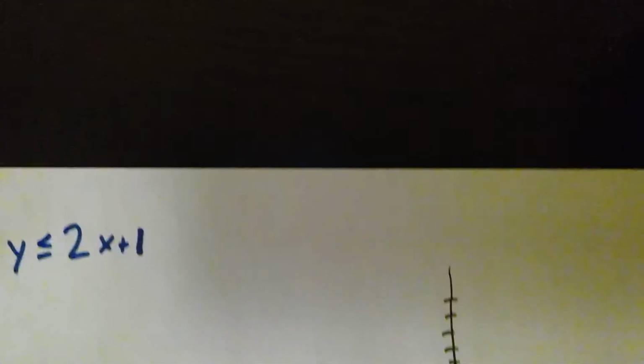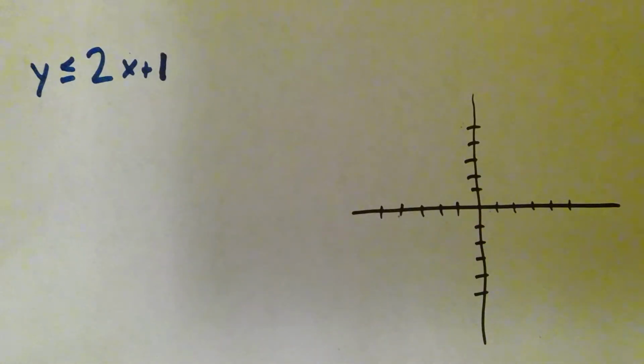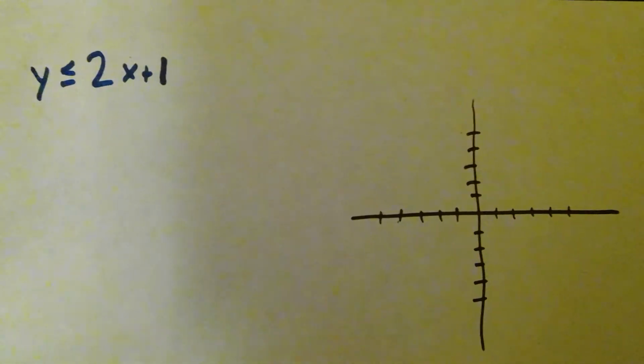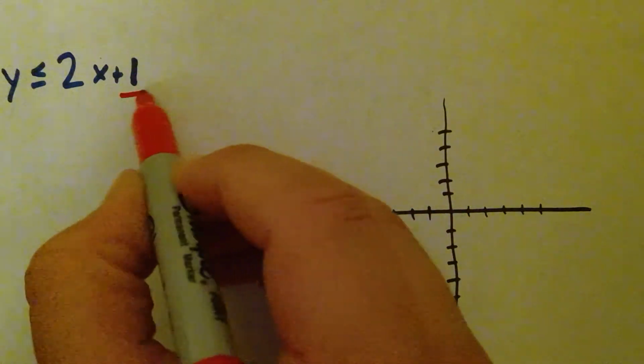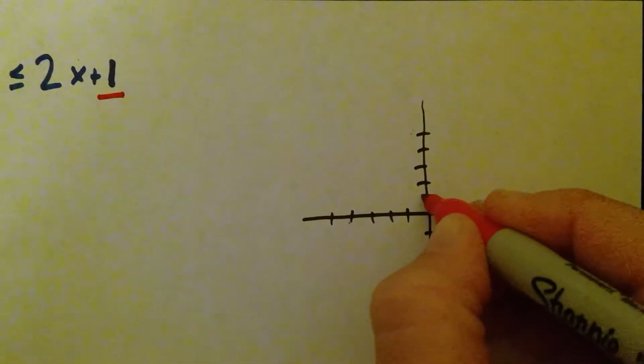Now, we're going to do a couple problems together to practice. We've got y is less than or equal to 2x plus 1. So let's look for the y-intercept. The y-intercept is plus 1.